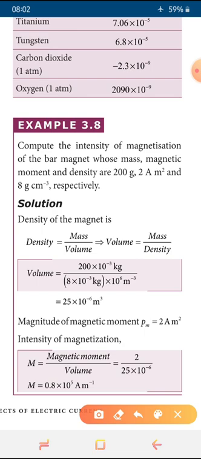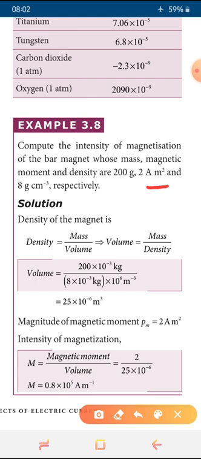Then, knowing the volume, we can get the intensity of magnetization. From the given question, the magnetic moment is 2 ampere meter square, and we are going to find the intensity of magnetization, that is capital M, equal to magnetic moment divided by volume. So 2 divided by the volume we calculated, 25 into 10 power minus 6.